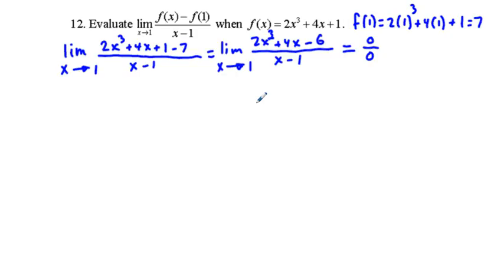If we use the zero factor property, if we plug in 1 for this x minus 1, we get a 0. So we know that x minus 1 should be a factor of 2x cubed plus 4x minus 6. And we could tackle that in different ways. One way that we worked this in pre-calculus last year was called synthetic division.